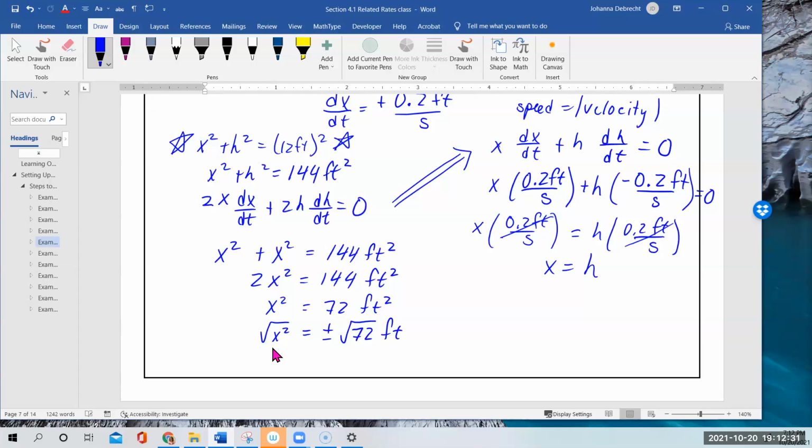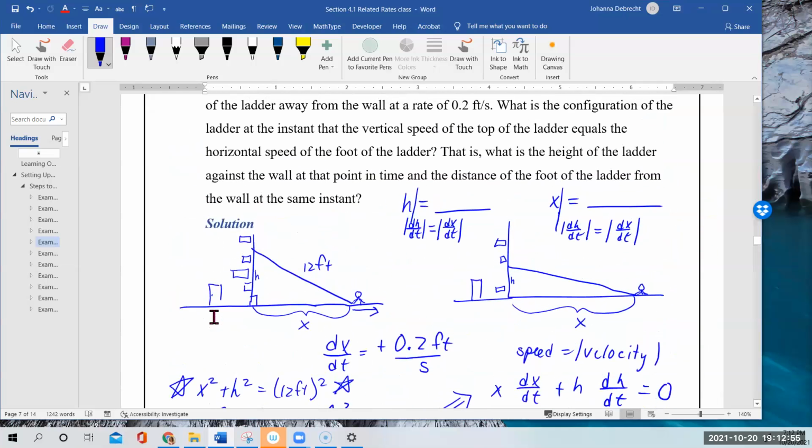However, I know x is a distance, so it can't be negative. 72 is 36 times 2, so I get that x is the positive 6 square root of 2 feet. Since x and h are equal, then I know that h is the same as well. That means that my answer to both parts is 6 square roots of 2 feet.